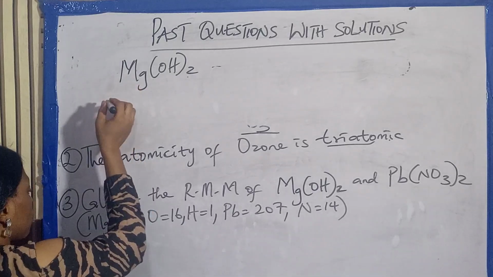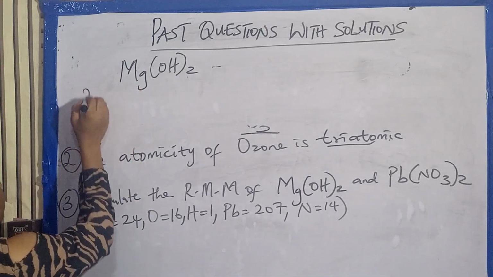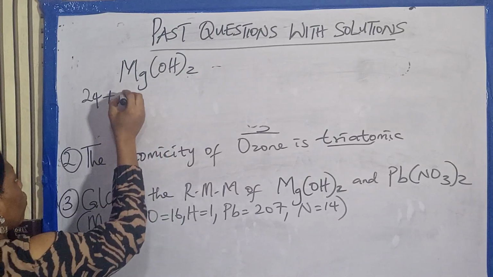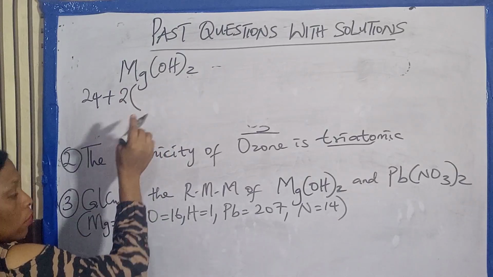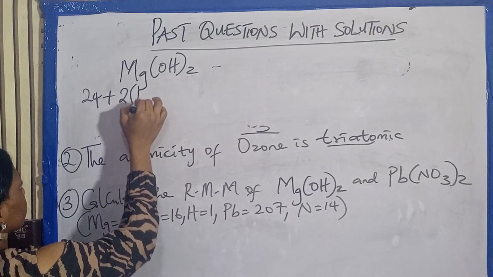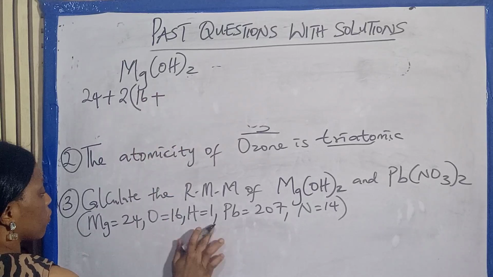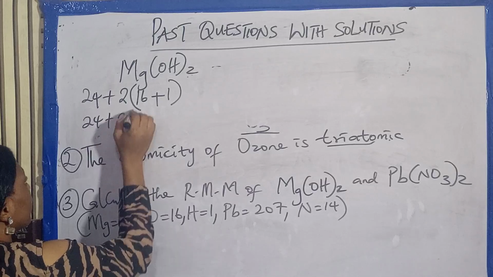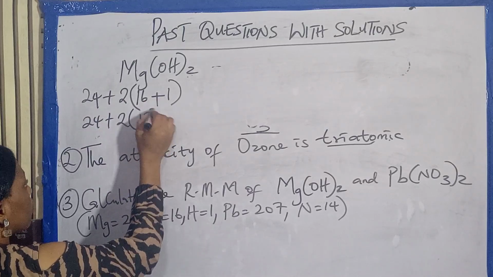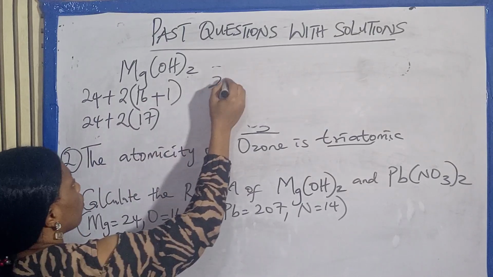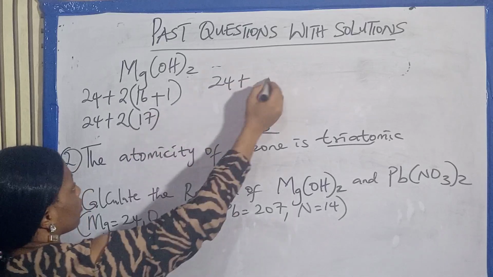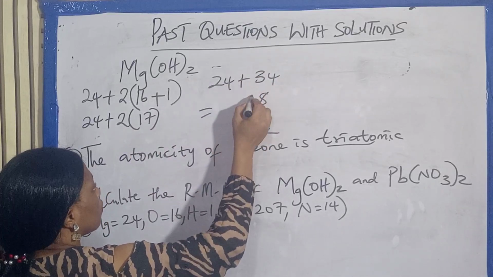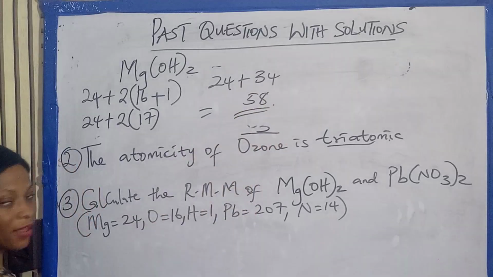So magnesium is 24. 24 plus, this 2 is affecting everything in the bracket, so you say 2 into oxygen, 16, plus hydrogen, which is 1. So you have 24 plus 2 into 16 plus 1, 17. So 24 plus 2 times 17, 34. When you add up 24 plus 34, 58 is the answer.